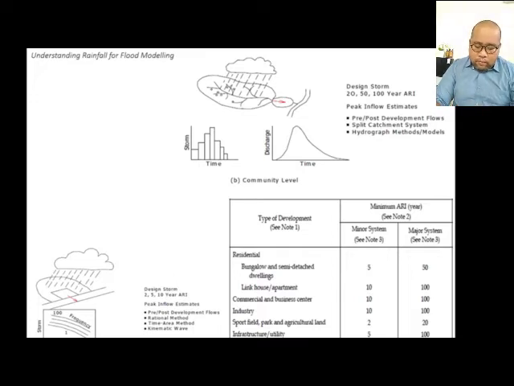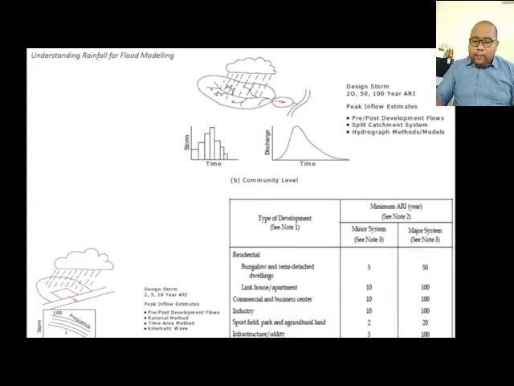Kalau rumah you normally untuk drainage systems, you guna less than 10 years ARI, because you want to tackle the problem over your punya residential area. So you tak ada design longkang yang besar-besar. Longkang yang kat rumah you tu semua kecil-kecil. Sebab apa? Sebab you nak tackle the rainfall yang berlaku dekat kawasan rumah you.